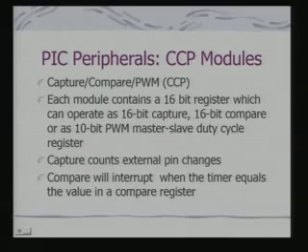Next, we shall look at another module, which is called the CCP module, Capture Compare PWM module. There may be one or more such modules on this PIC microcontroller, and this is again targeted for various kinds of control applications.